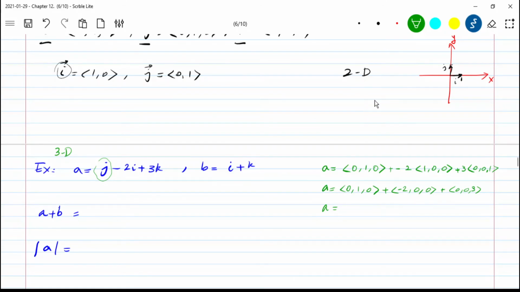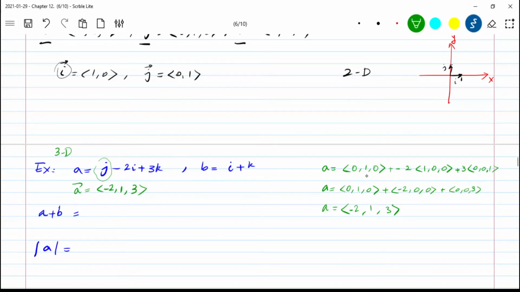You add them corresponding to each other, all the x's together, all the y components together, and so on. So 0 plus negative 2 plus 0 gives negative 2. 1 plus 0 plus 0 gives 1. And 0 plus 0 plus 3 gives 3. So vector A would be negative 2, 1, and 3.